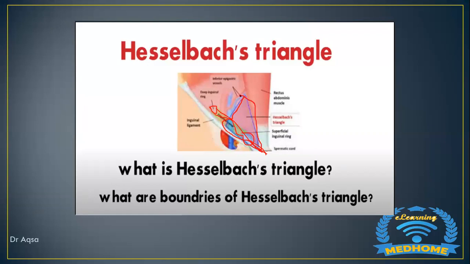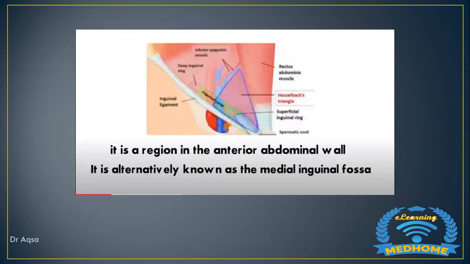Can anyone tell me another name for this triangle? If you can remember. No one? The alternative name for this triangle is the medial inguinal fossa. It's a region very near to the inguinal canal, and it is also known as the medial inguinal fossa.